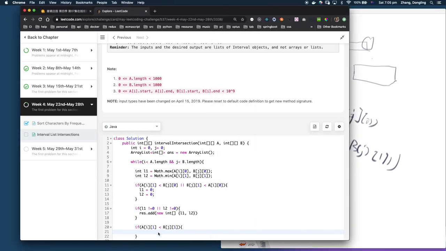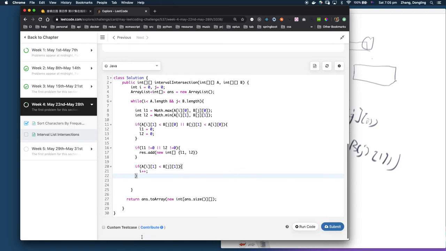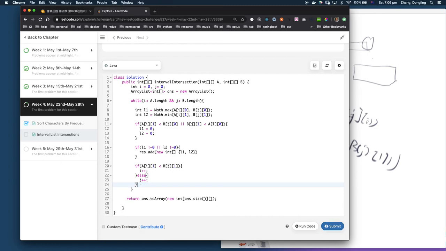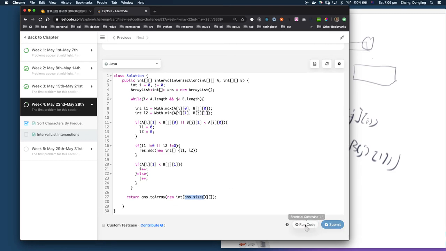So in this situation, just I plus plus, and otherwise, just J plus plus. And after the loop, we get your answers. So this is the whole length, then change it to a two-dimensional array.